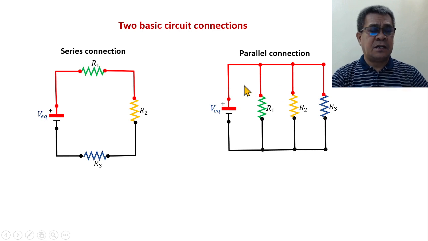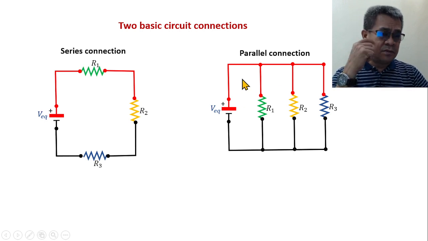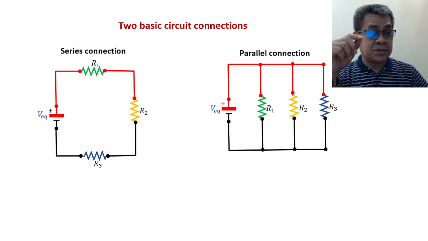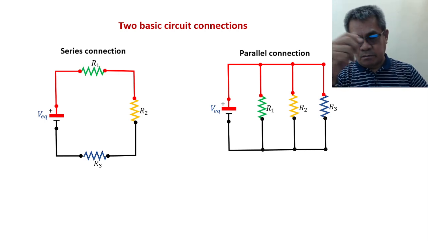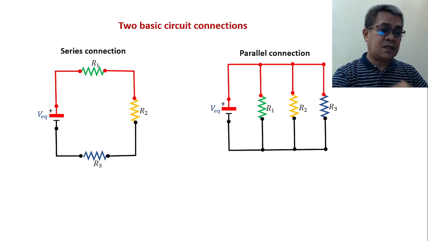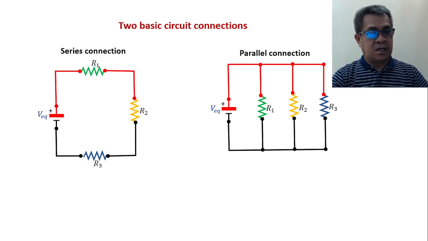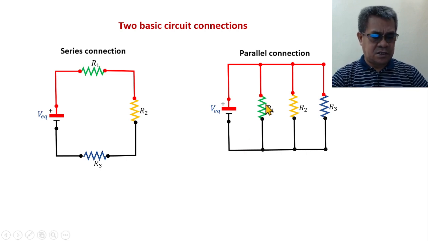Now, parallel is opposite to the series, because the current now will be split, which means parallel connections form a junction, a point wherein the current separates. So if we have resistor 1, resistor 2, resistor 3 in parallel connection, this is one way to connect those resistors.